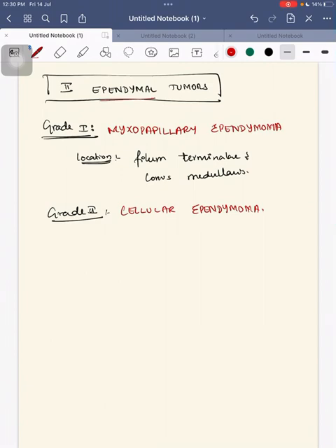As the name suggests, these are derived from the ependymal lining of the ventricles. So grade 2 is cellular ependymoma. The most common location or classical site is the posterior fossa. Its clinical presentation will depend upon its location, and it will be mostly insidious in onset.